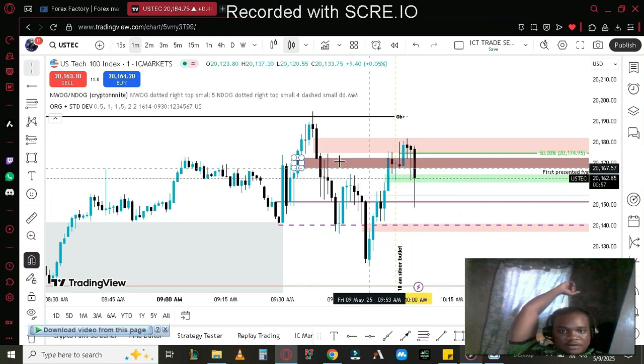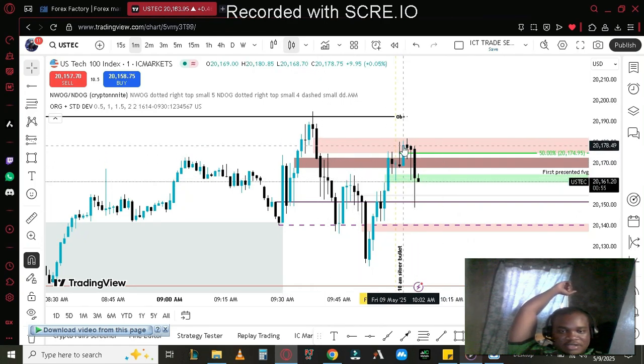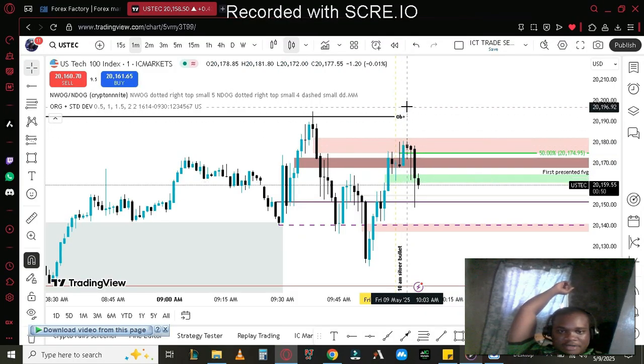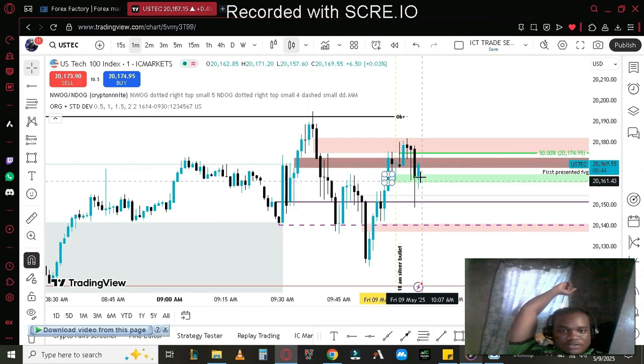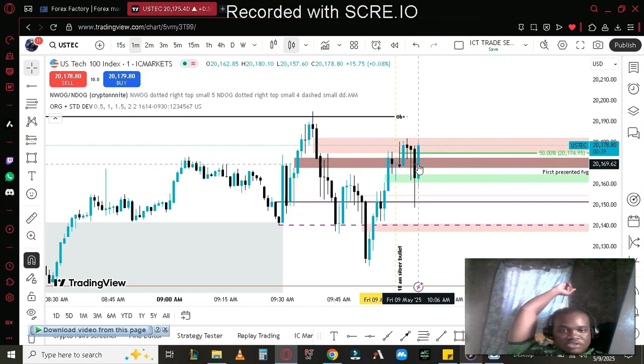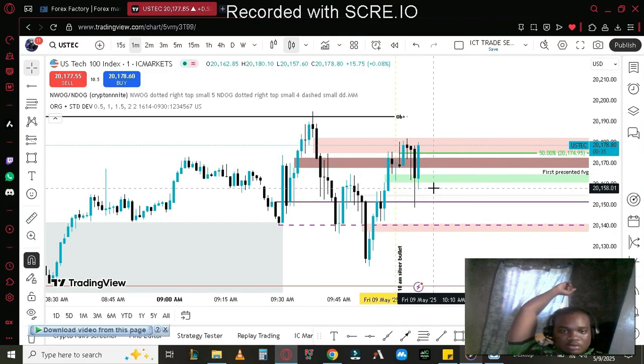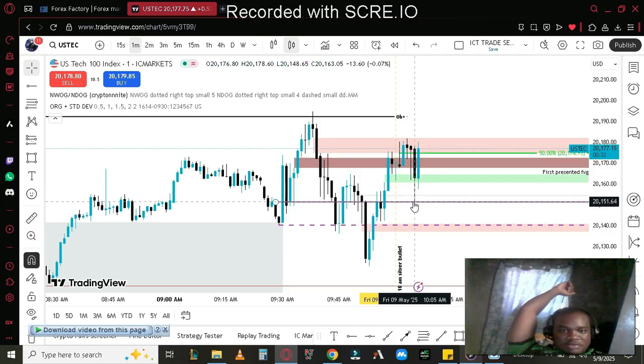Now, just as this is acting as resistance for the price going higher, this is acting as support. So we want to see, if the market is going to be bearish, once it trades into here, you want to see it leave and then close below here, and it's the same sentiment, right?